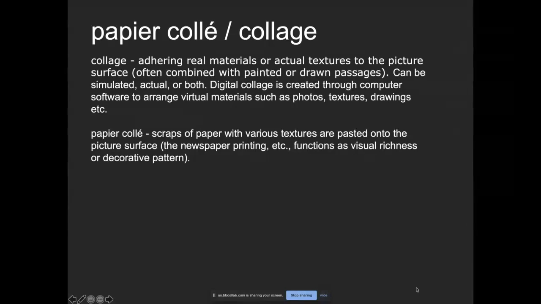Okay, so papier-collé, collage, two other ways of creating surface texture. Basically this was invented by Braque and Picasso in their studio, first part of the 20th century. They were making paintings and still lifes, essentially slapping actual objects onto those surfaces. And voila, collage was born.